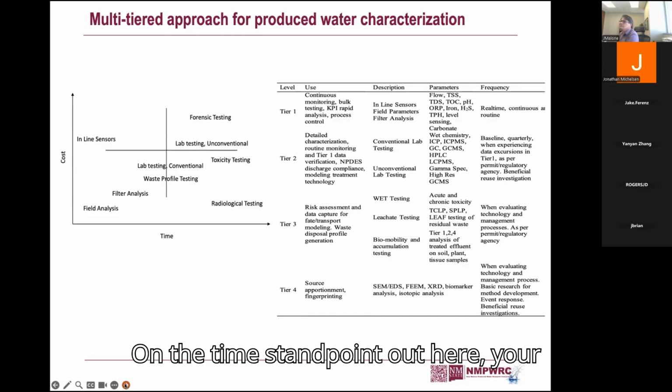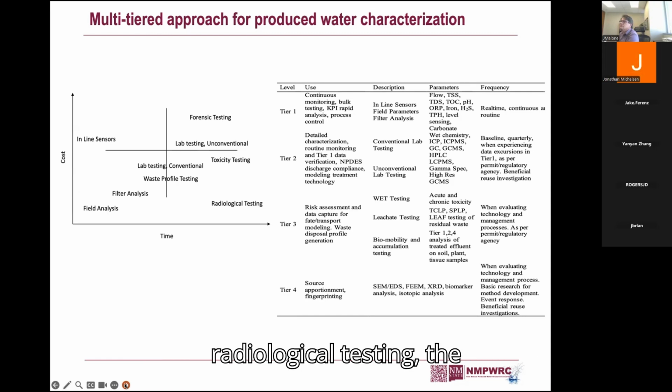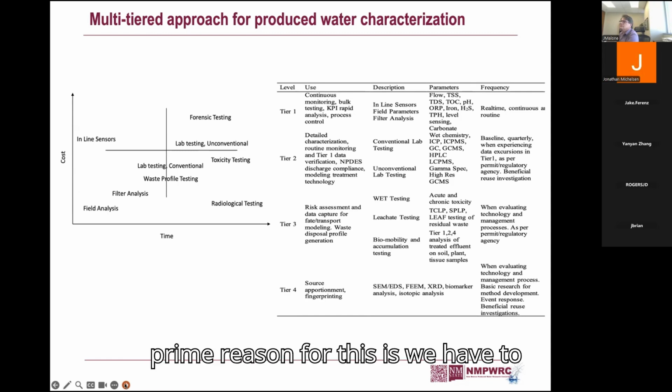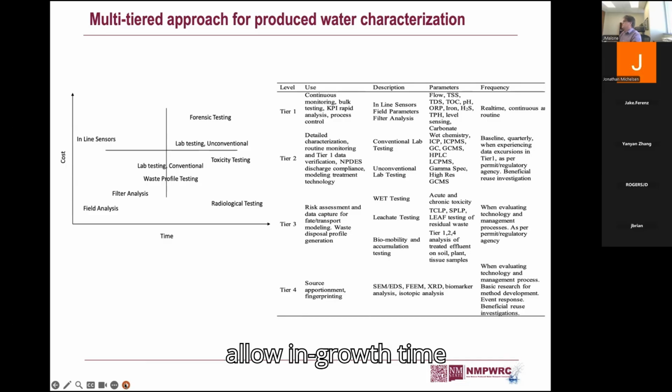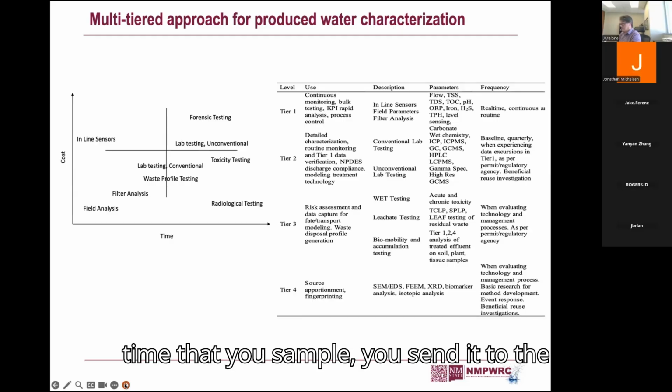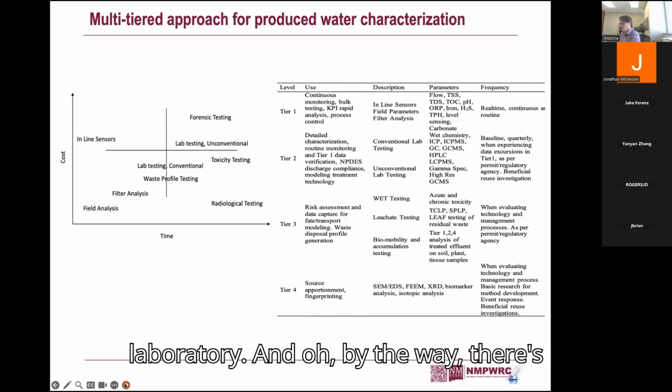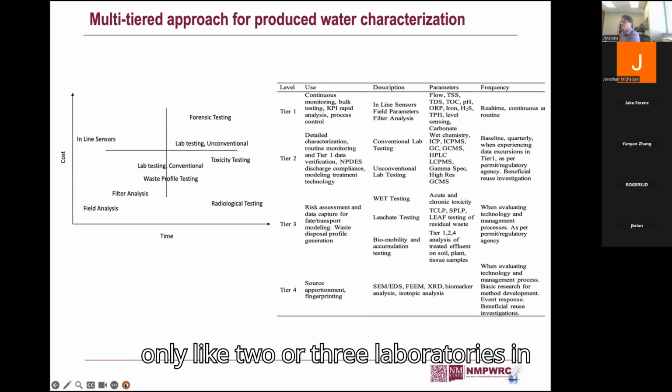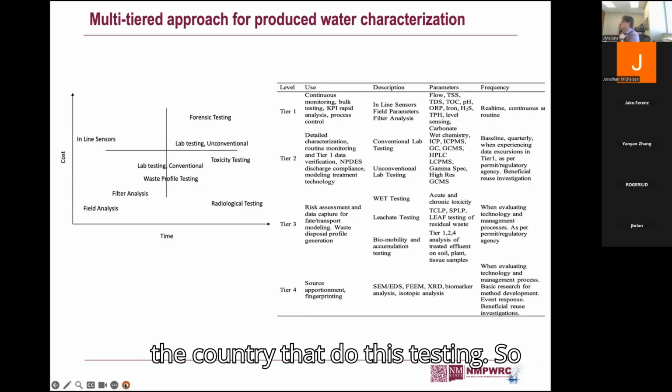On the time standpoint out here, your radiological testing, the prime reason for this is we have to allow in-growth time for radium-226, and that's a minimum of 21 days. So from the time that you sample, you send it to the laboratory, and oh, by the way, there's only like 2 or 3 laboratories in the country that do this testing.